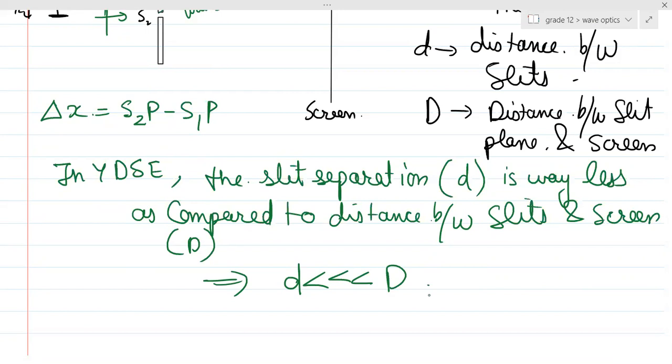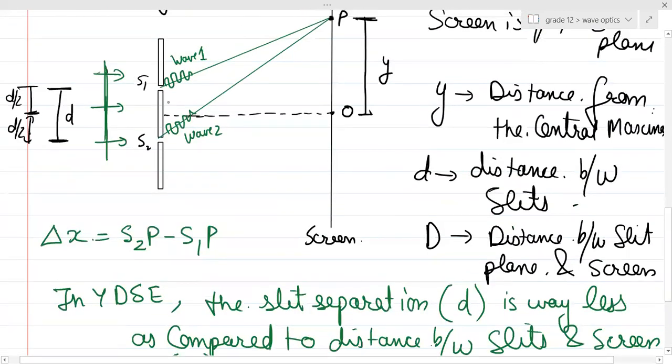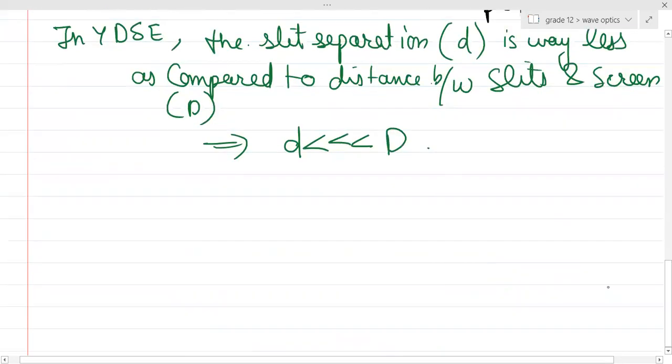If this is the case, then I can draw two triangles like this. I'm deriving this whole thing, drawing it again.